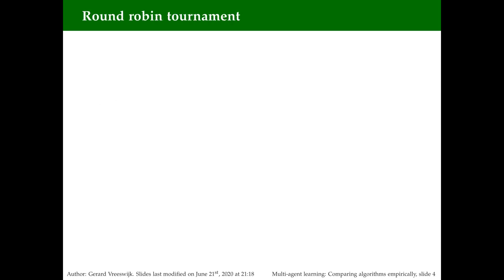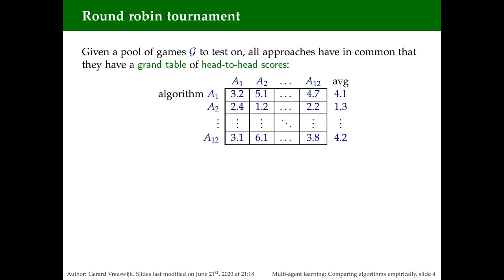So let's take a step back and reconsider the ground table. All comparisons among ML algorithms start with the ground table, which is an overview of head-to-head scores.